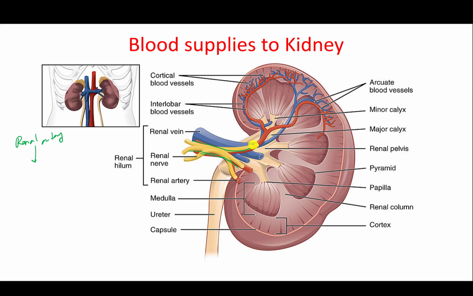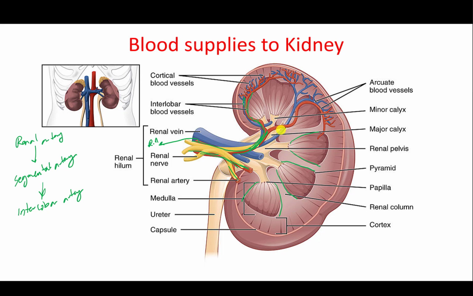The renal artery will go inside the kidney and will give us the segmental arteries. So here, this is the renal artery, and these are the segmental arteries. From the segmental artery, we will have another branch, called the interlobar artery. The interlobar arteries basically walk up on the side of the pyramids.